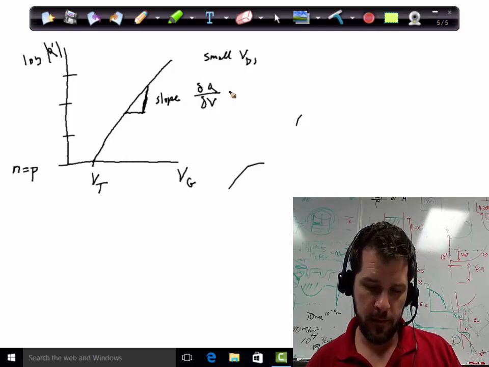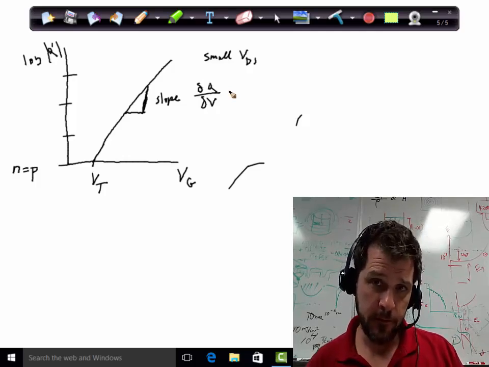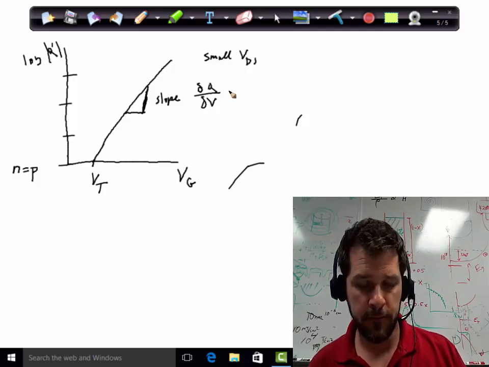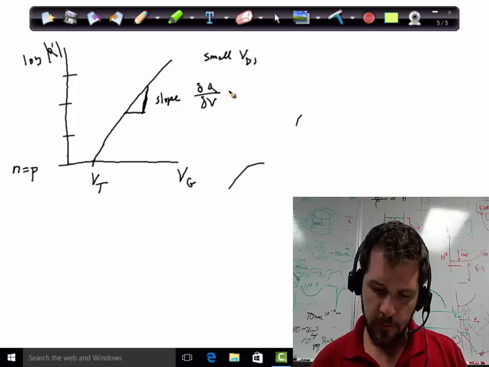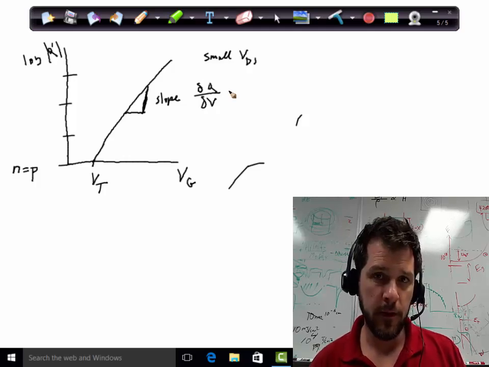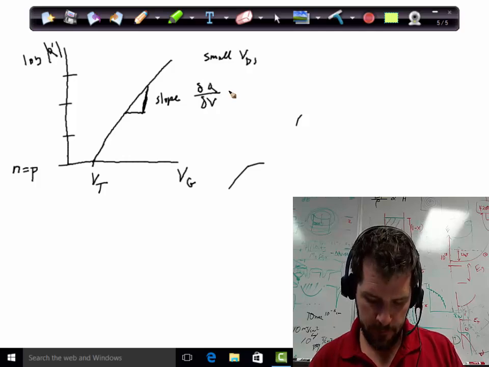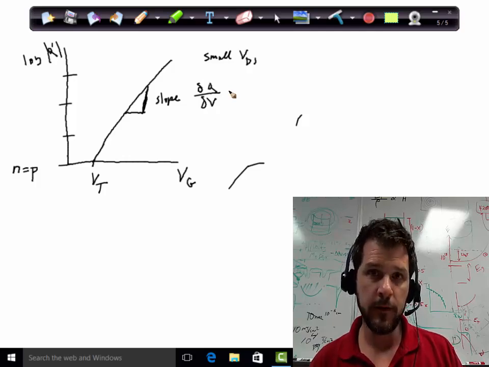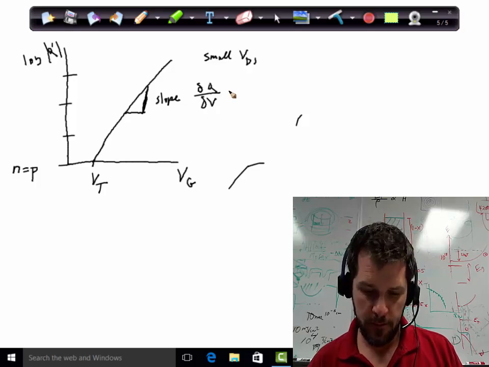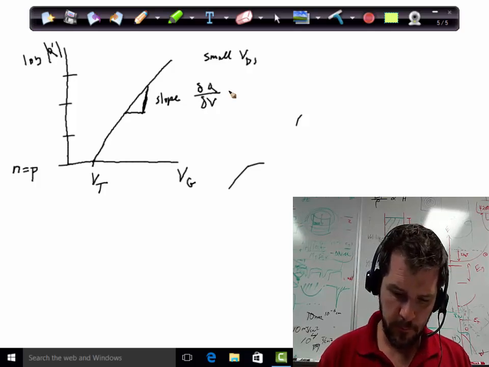Later, when we talk about the current, we actually want to discuss the inverse of this slope, called the subthreshold swing, and that's an important metric for how fast you can turn on and off devices, and how easily you can do so with small voltages.